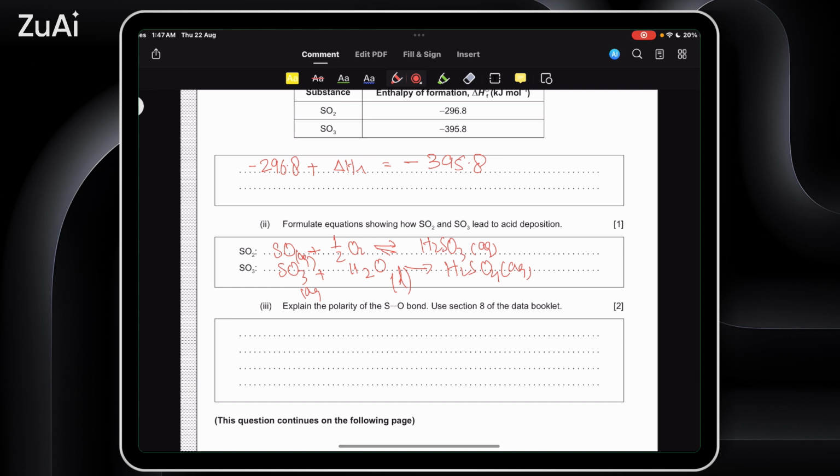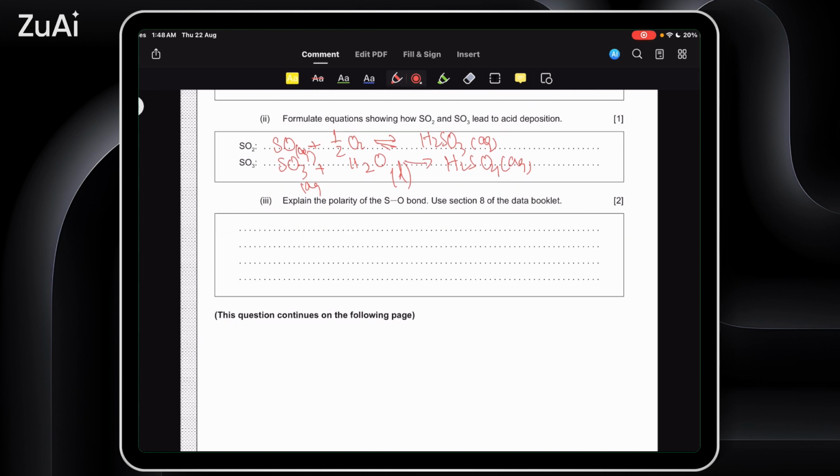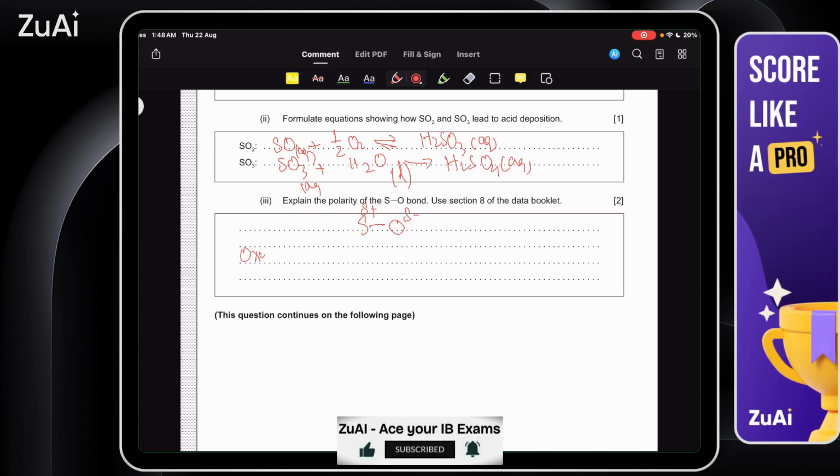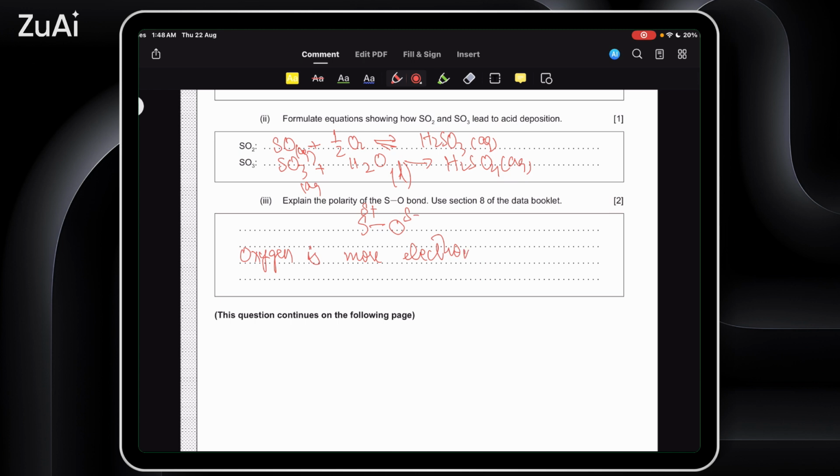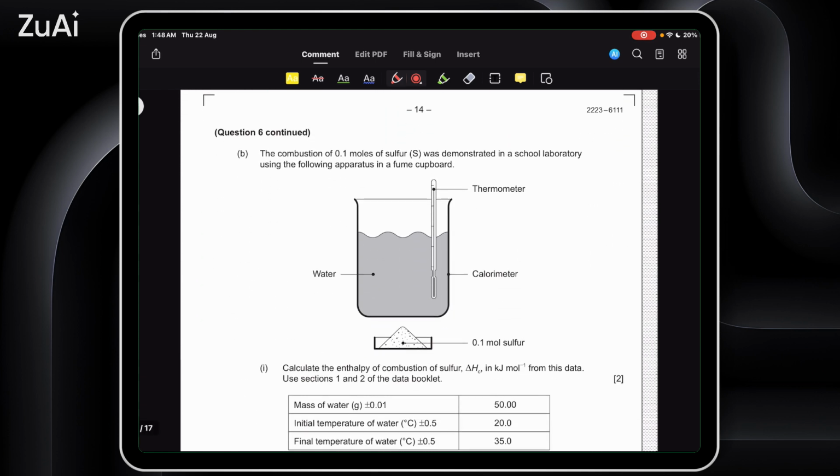So bond polarity: oxygen is more electronegative than sulfur, because oxygen is more electronegative than sulfur. That's why.